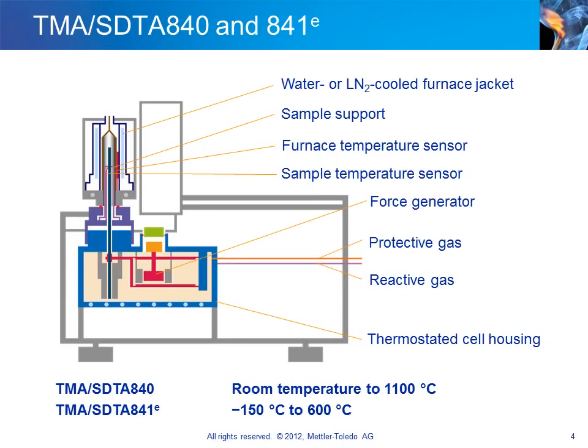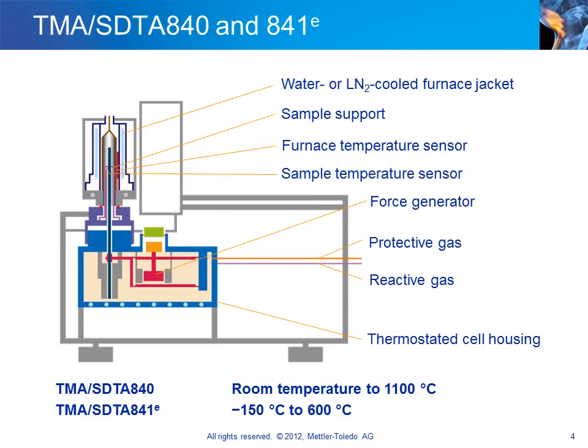A protective gas, such as nitrogen, is normally used to protect the mechanical and electronic parts from the effects of corrosive decomposition products. The LVDT and other parts are also protected against temperature changes through the use of thermostating and reflector baffles. There are two temperature sensors.